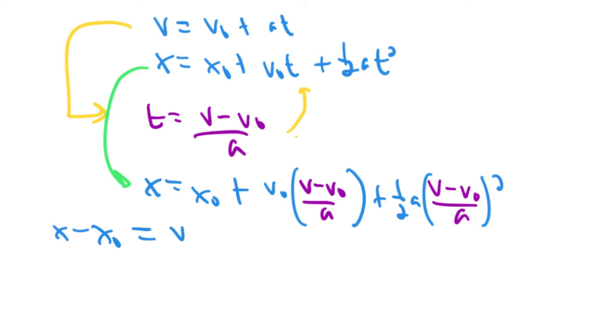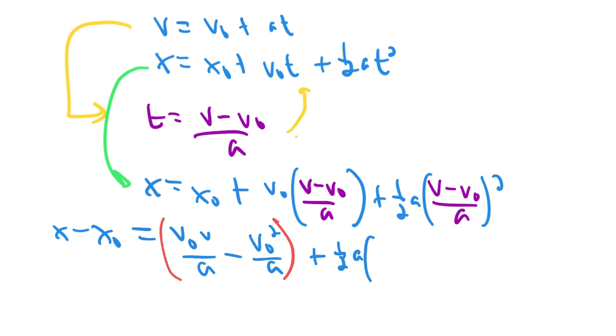So we have v0v over a minus v0 squared over a. That's that first term. And then we'll have, let's do it this way, 1/2 a.